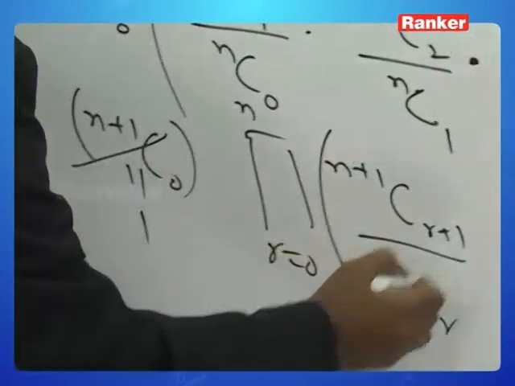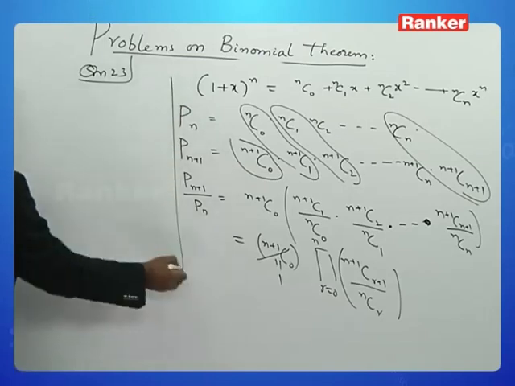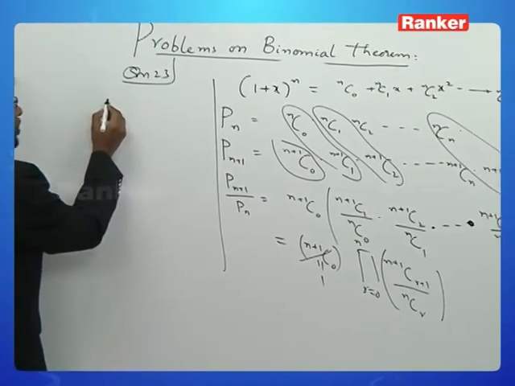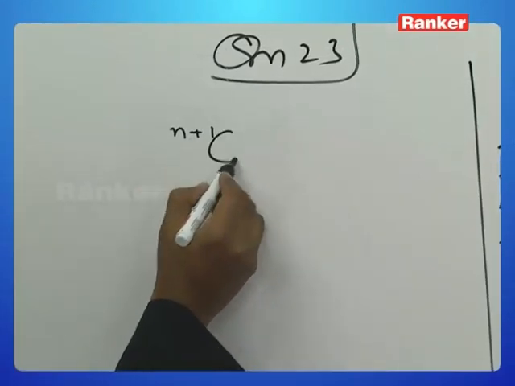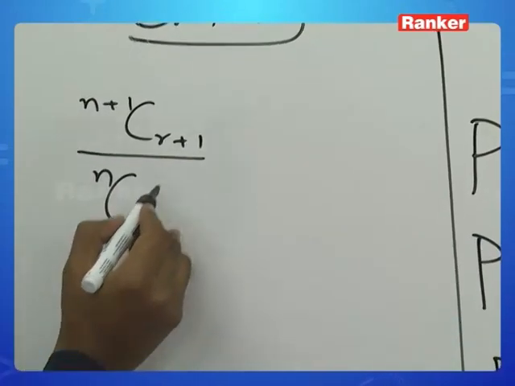Now coming to this, we need to make use of some result here: (n+1)C(r+1) by nCr. What does that turn out to be?